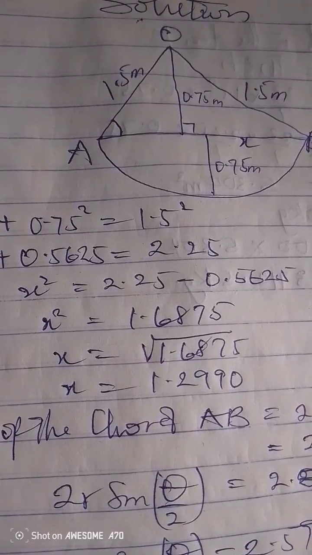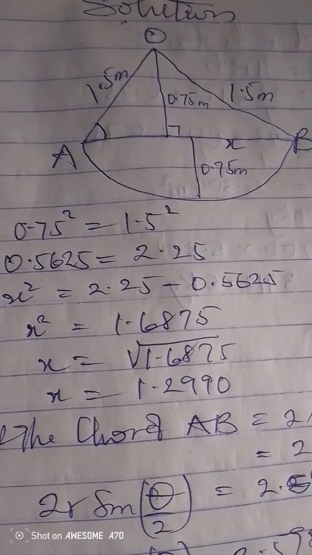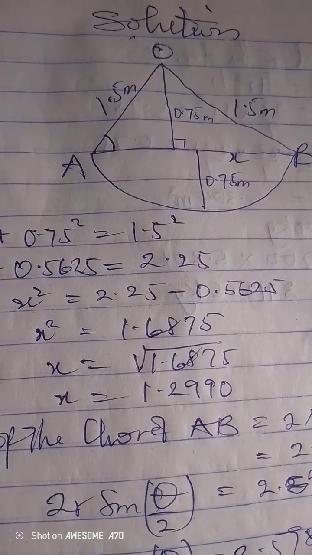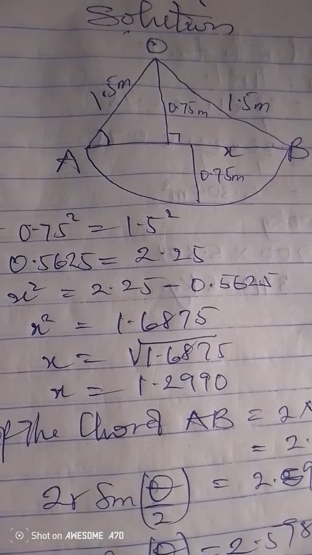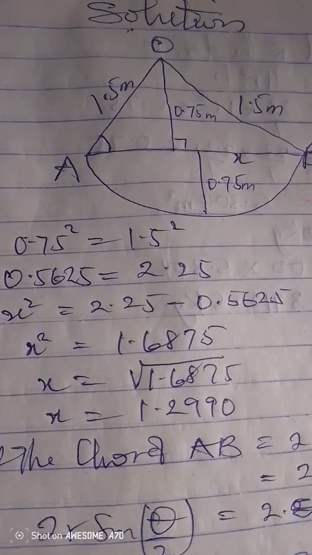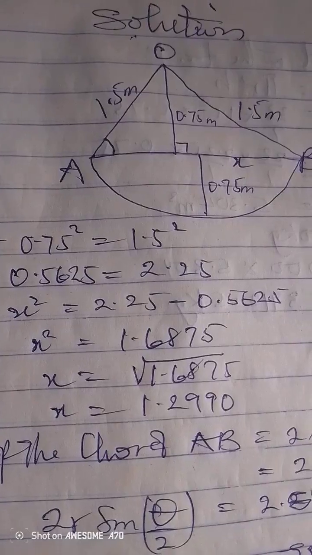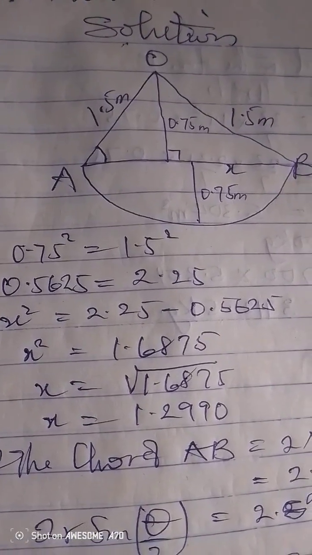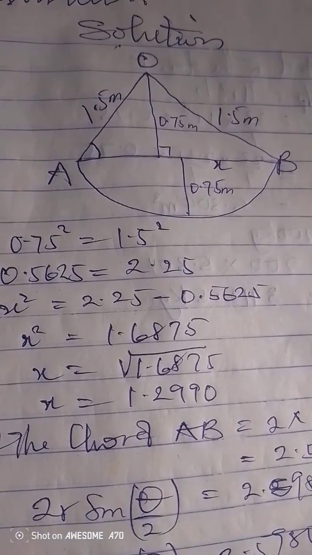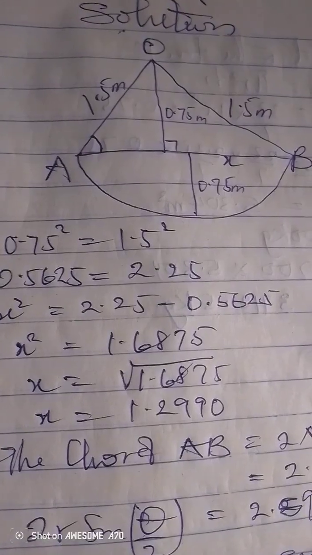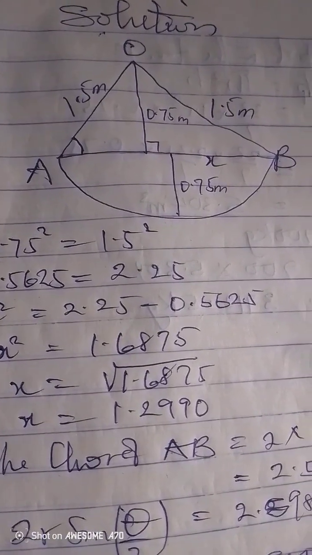So since 0.75 indicates the height of the petrol in the tank, I want us to recall that radius is a line from the center to any part on the circumference. So that means for that isosceles triangle AOB, the altitude of that triangle is also 0.75, because that distance also forms a radius.